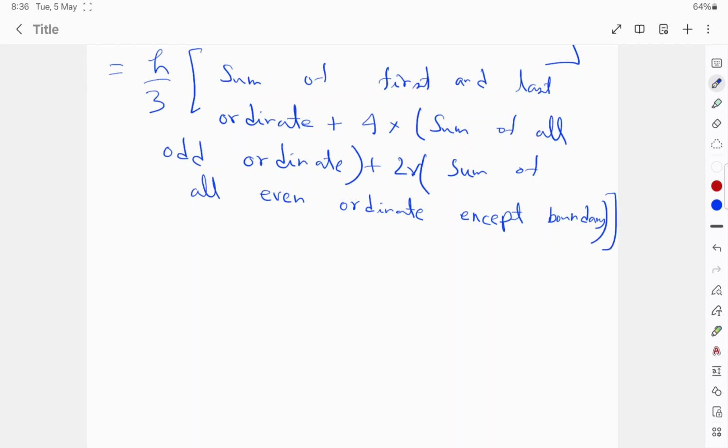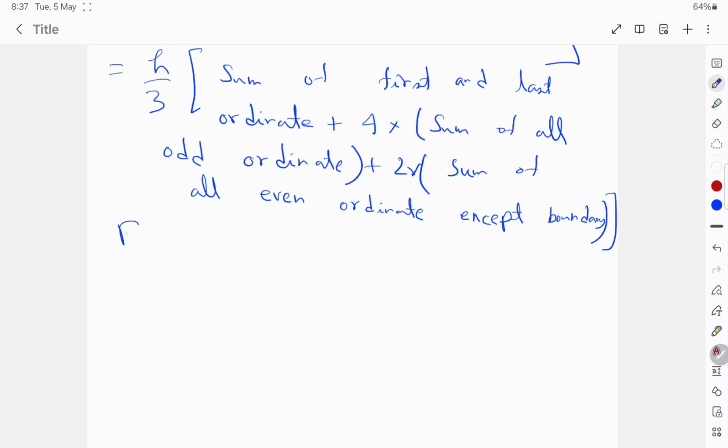This is your formula, similar to the trapezoidal one. You already did the homework for the trapezoidal, so do the same thing here: make a table and then just write the formula. These are very easy.